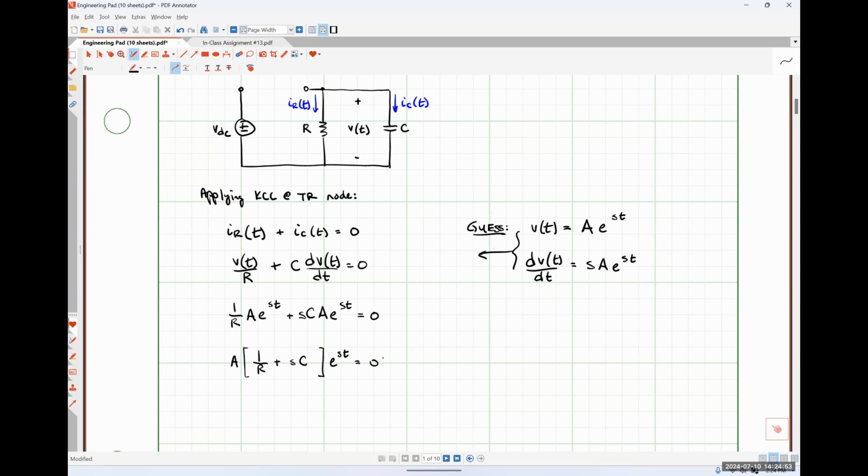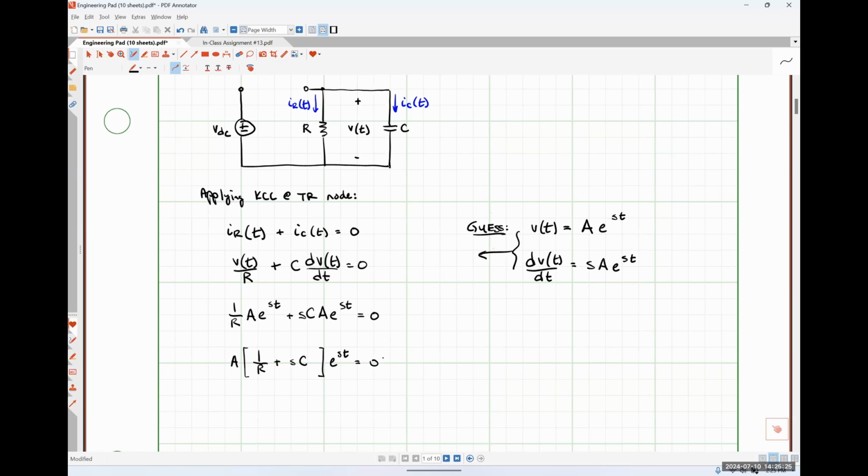So let's talk about the different ways that can happen. Okay. So the most obvious way that it can happen is if our coefficient A was equal to 0. Because if our coefficient A is equal to 0, then everything is 0. So while that is a solution, it is what's called a trivial solution. And it effectively represents our system if we never stored any energy in our capacitor, which we know isn't true.